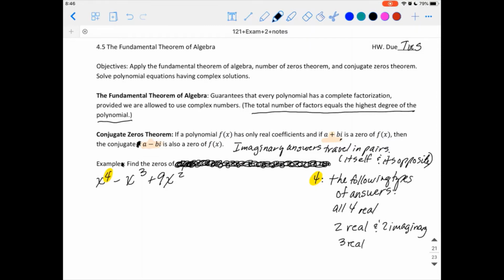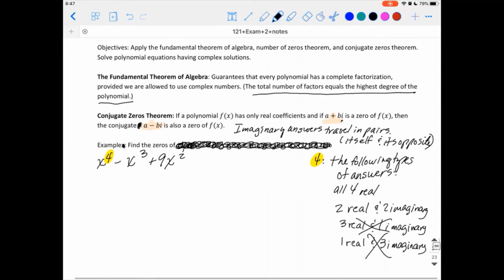But 3 real and 1 imaginary are not possible, again because the imaginary ones travel in pairs. And by the same token, 1 real and 3 imaginary is not possible either, because the imaginaries travel in pairs.